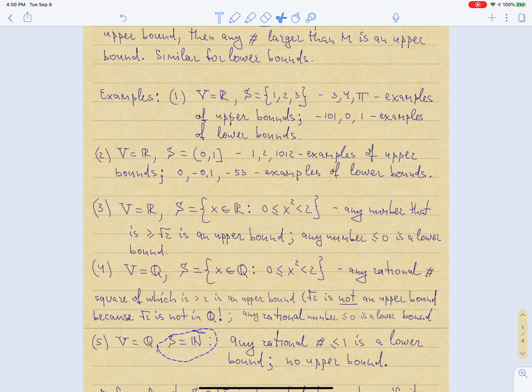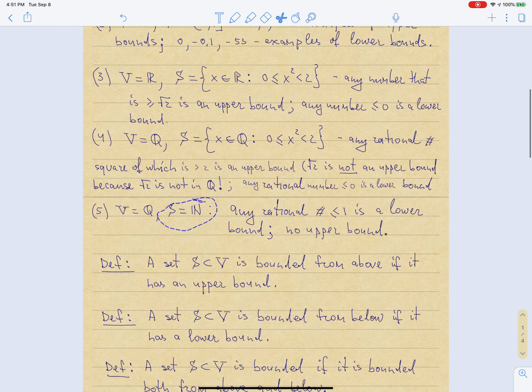And then it's easy to convince yourself that if I take any rational number which is less or equal than 1, then that rational number is going to be a lower bound on N, because any rational number below 1 is less than any positive integer. And there is no upper bound here, because if I choose any capital M, and I claim that that capital M is bigger than any natural number, then certainly I would fail, because I can always find a natural number which is bigger than any prescribed number. So in this case, there is no upper bound.